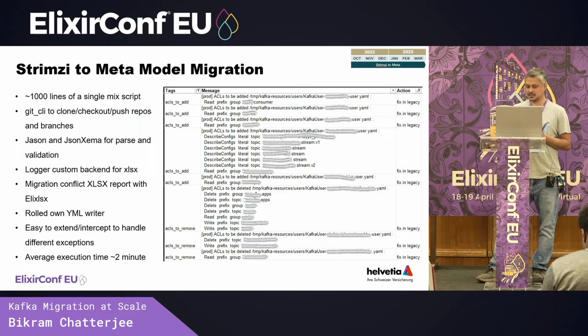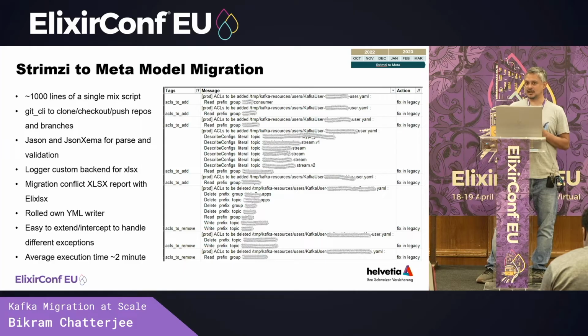We heavily used the Git CLI Elixir repository and the JSON and JSON schema projects to interact with the repositories and the branches, and then parse the JSON definition, validate with the schema, and then migrate. We implemented our own logger custom backend to pick up the logs that this migration script was generating through the migration cycle and write that into an XLS report.